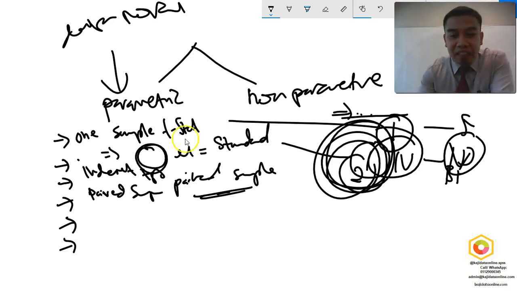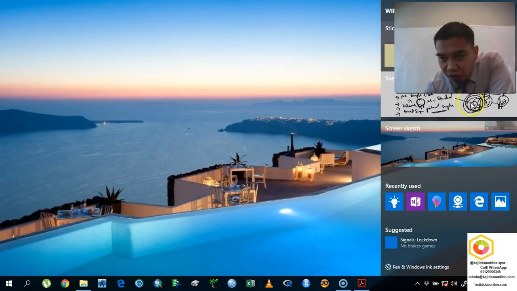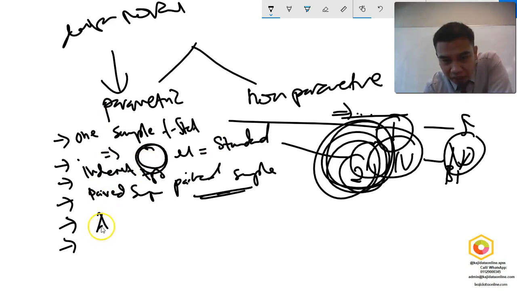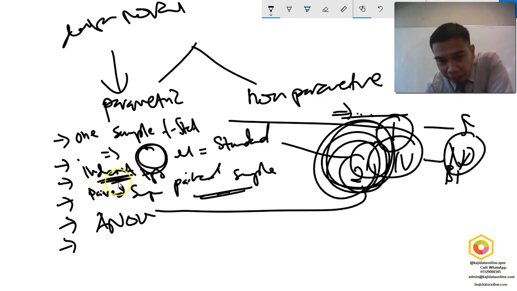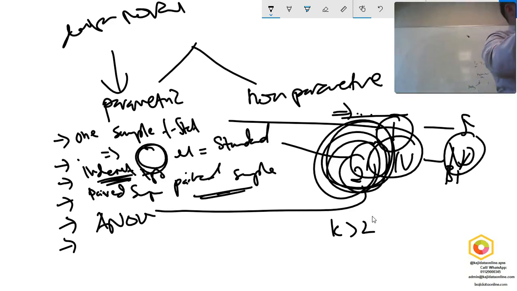The next one we call ANOVA. ANOVA is the same as the independent sample test. The difference is that K is more than 2. For example, group A, group B, and another group C. If you have another group C, that one we call ANOVA.